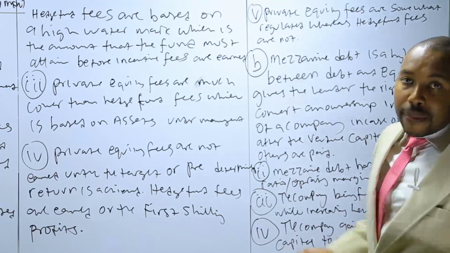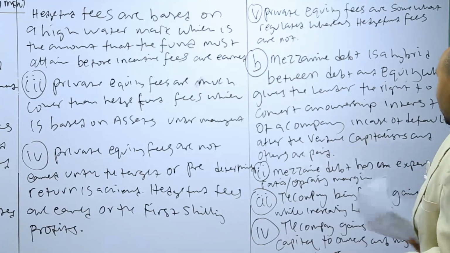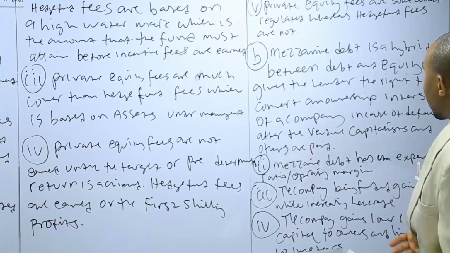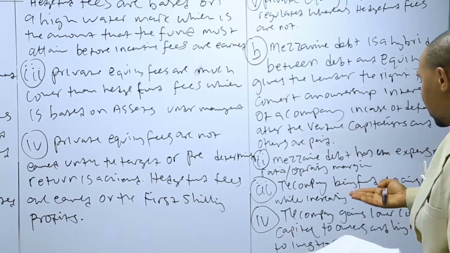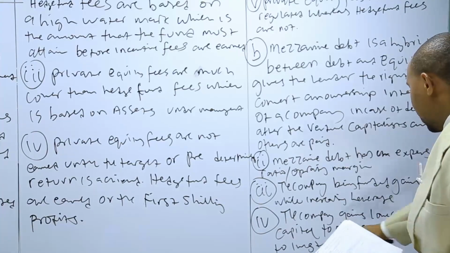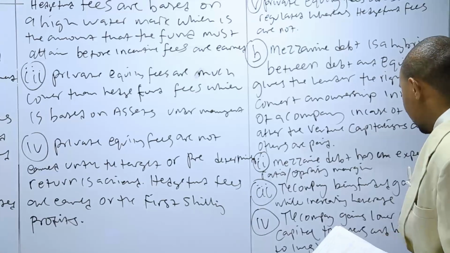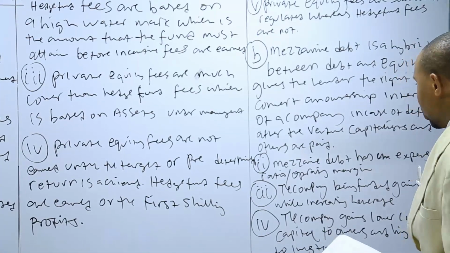We can also say that they offer a cheap source of capital to the owners. As part of this point, we can say that the company gains lower cost of capital to the owners, and the hybrid and the high returns to investors there.